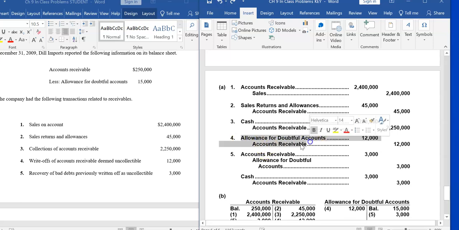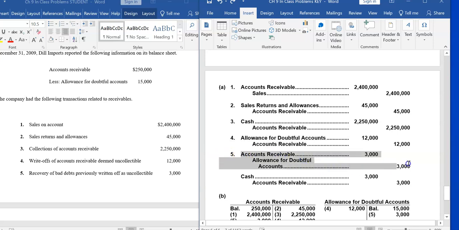When we wrote off some accounts, we are putting them back into the general ledger by debiting accounts receivable and crediting the allowance for doubtful accounts. Now that those receivables are in the general ledger again, we can record the collection. So we will debit cash and credit accounts receivable to record the collection.